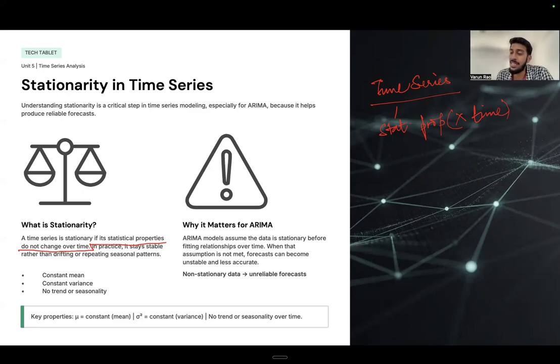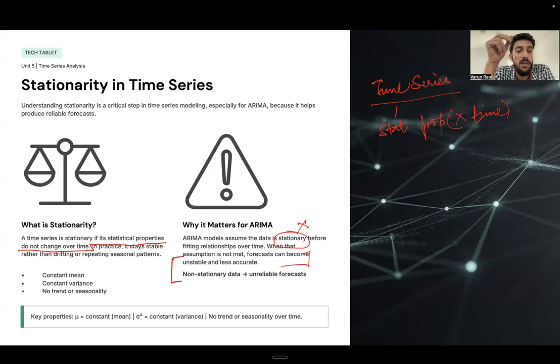Now, as I said, when we are working on ARIMA, we expect that the data is stationary before fitting it. When this assumption is not satisfied, you might have to work on the data to make the forecast better. Forecasts can become very unstable and much less accurate.